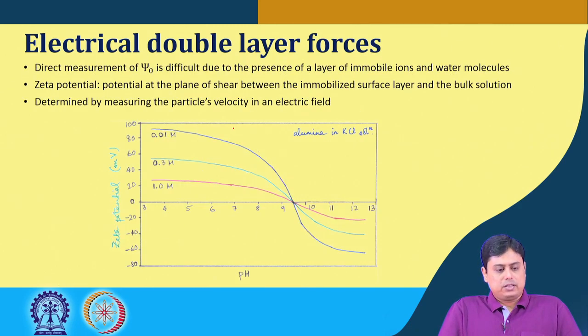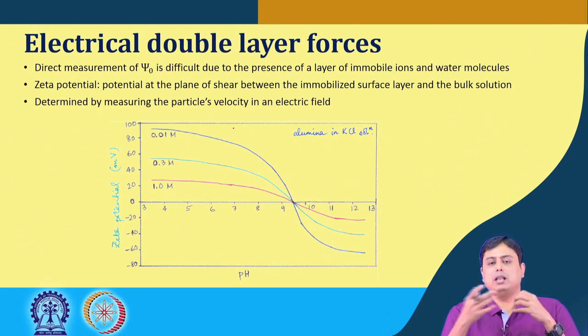So, direct measurement of the surface potential is not trivial. It is difficult because there is a layer of immobile ions and water molecules present. Instead, we measure the zeta potential, which is the potential at the plane of shear between this immobilized ion surface layer and the bulk solution.